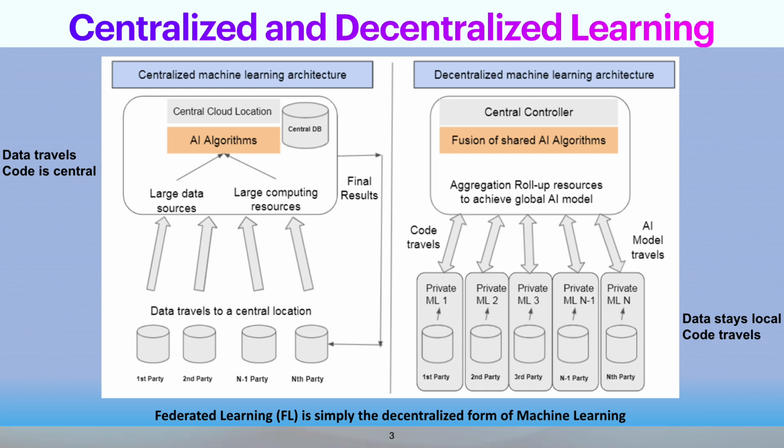Whatever private data we want to keep private will reside with each of these individual parties, the hospitals or hubs. The code travels bidirectionally between all of these hubs and the central server.